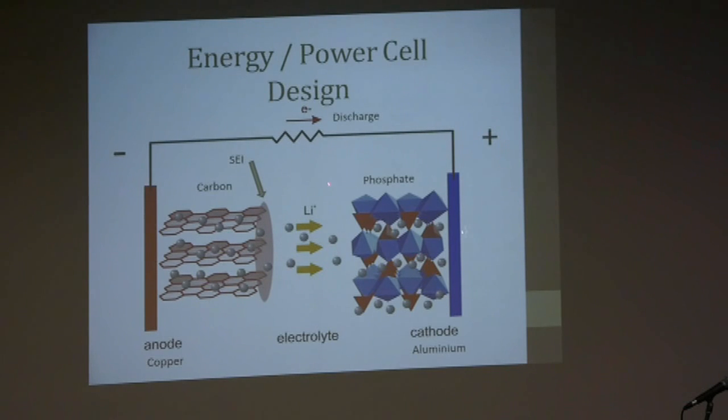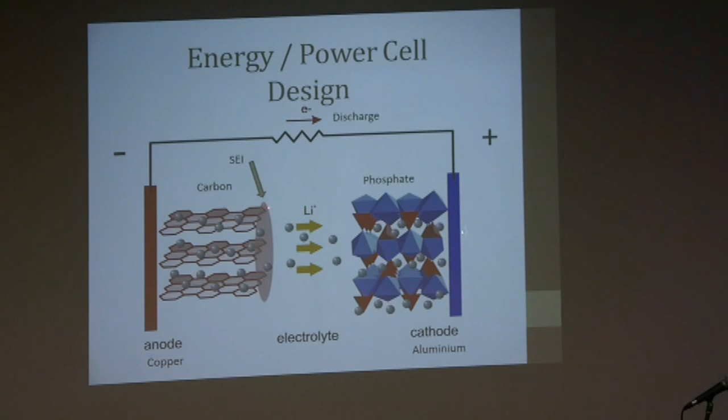The area where they travel through, that stuff between the two plates, is filled with an electrolyte. In a lead acid battery, that's the acid. In a lithium battery, that's some other stuff.